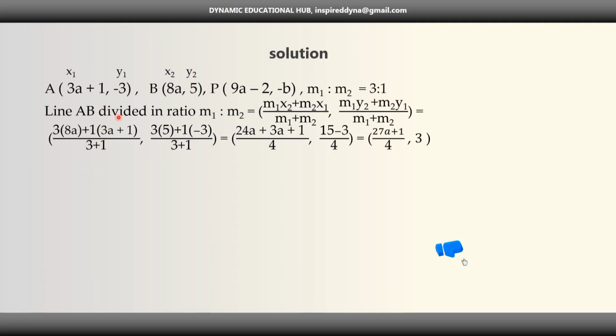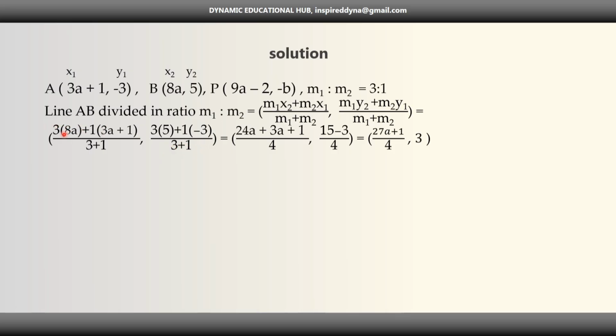Move to this side, the second coordinate for y. You also have your m1, which is 3 here, y2, which is 5, plus m2, which is 1 here, and you have your y1. What is y1 here? Minus 3, divided by m1 plus m2, 3 plus 1.